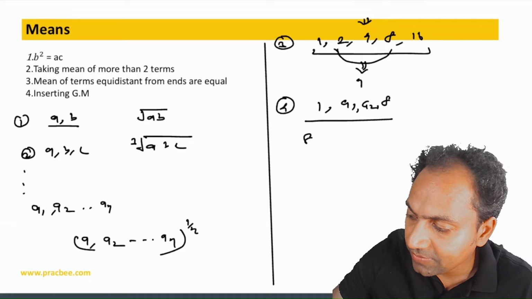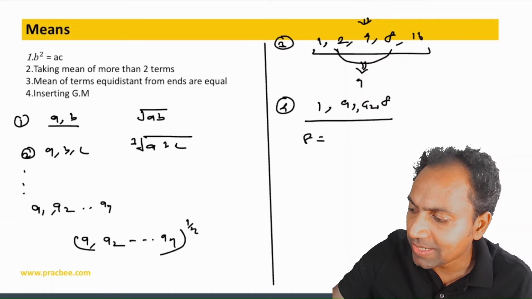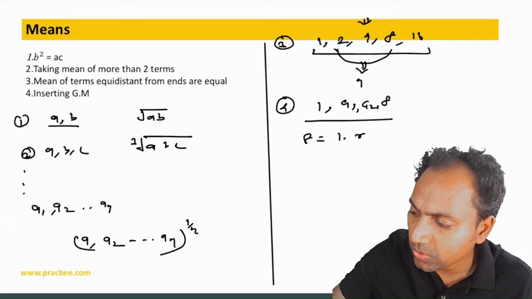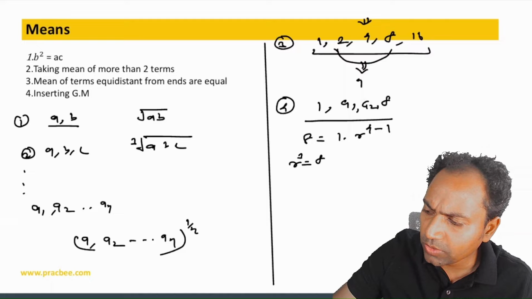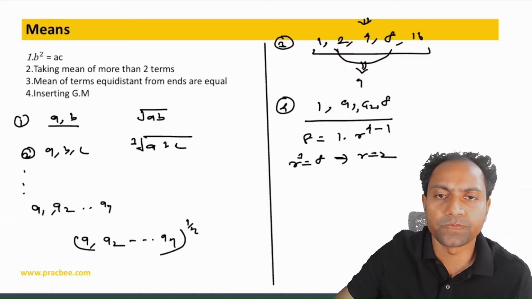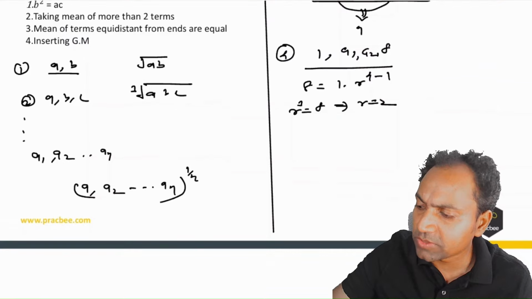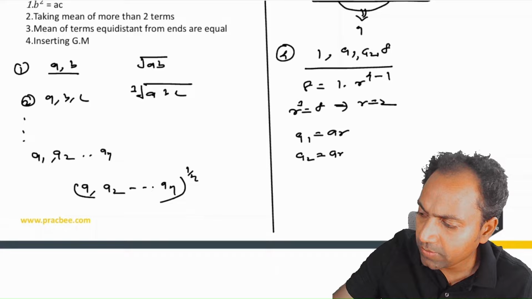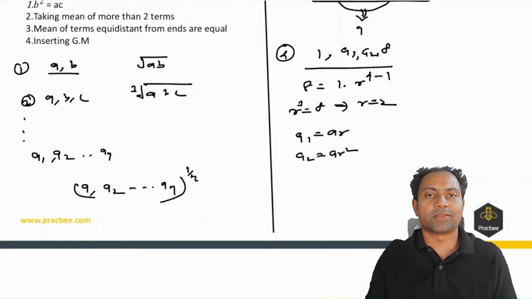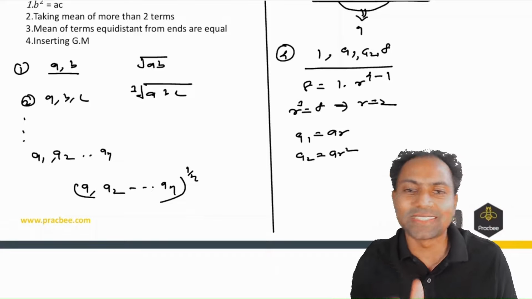So R we can find using the last term. So it becomes 8 equals A into R raised to the power 4 minus 1. So you can see that the value of R cube comes out equal to 8 and R comes equal to 2. And this is important because now G1 would be equal to AR and G2 will be equal to AR square. You can put the values and get the answer. So this is the concept of inserting GMs.